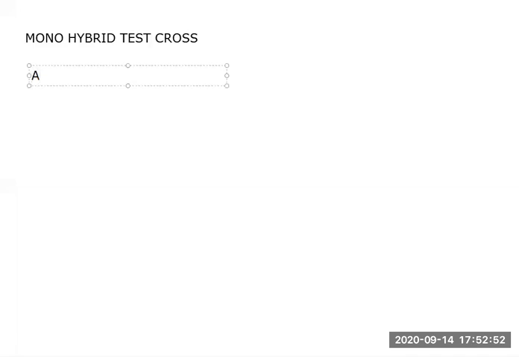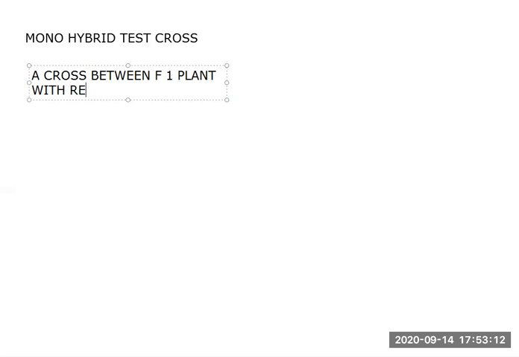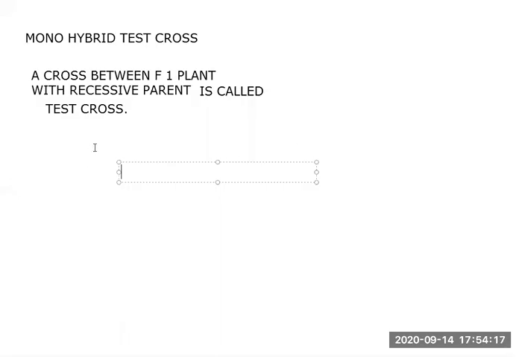A cross between the F1 plant, which is heterozygous but we don't know that before doing this cross, and the recessive parent is called a test cross.